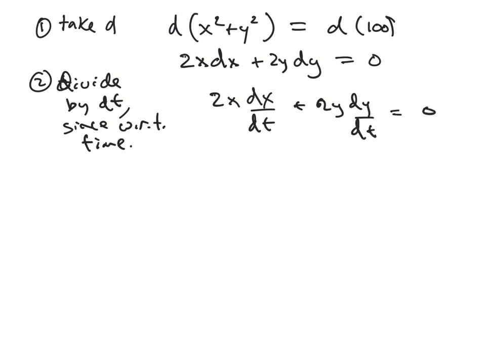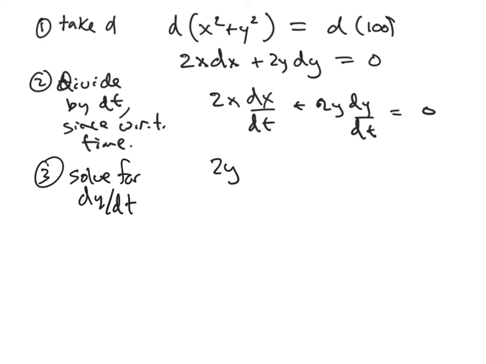Now, I could plug things in here, but I want to solve for what I'm looking for. I have to remind myself that they want me to find this. How fast is this sliding down the wall? This is the piece. So I can solve for dy/dt. That's pretty simple.